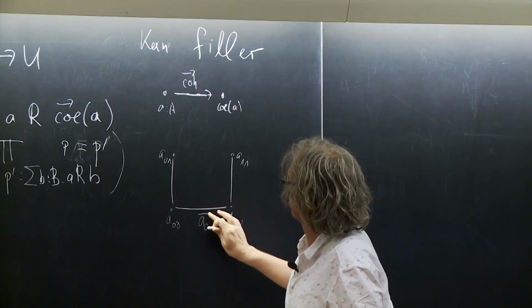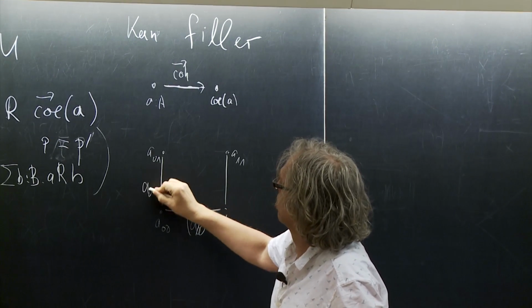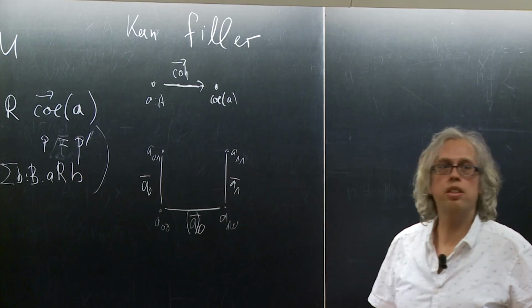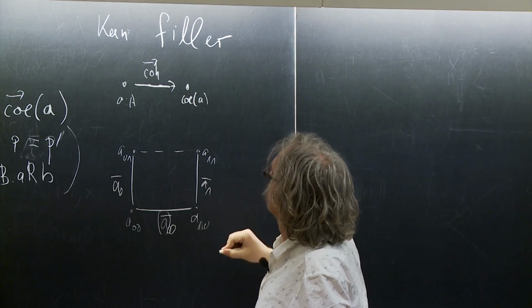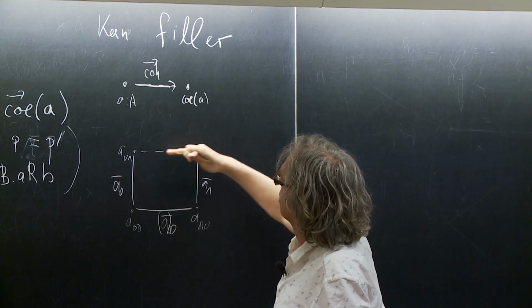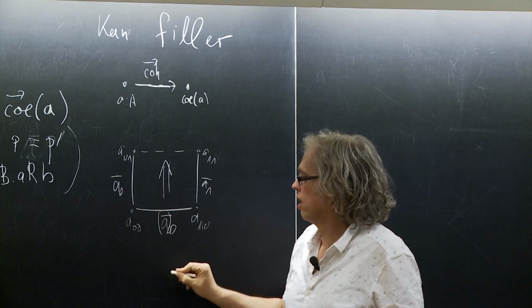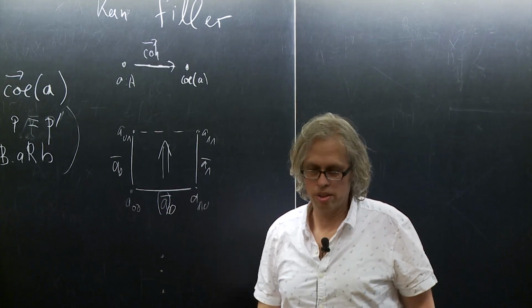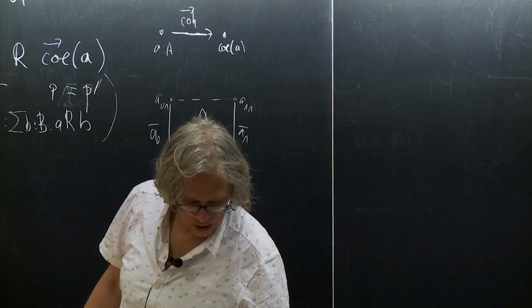A bar 0, and this is A 0 bar, A 1 bar. If I'm in this situation, I also want to have a filler, a line, and I want to be able to fill the square, and so on. So these are the Kan fillers.